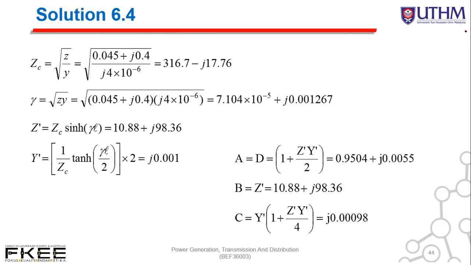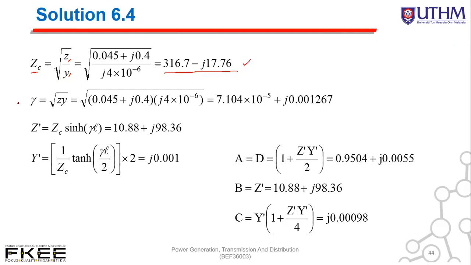From the given Z and Y, we can calculate ZC through this equation, ZC equal to square root of Z over Y. So we get the value 316.7 minus j17.76.